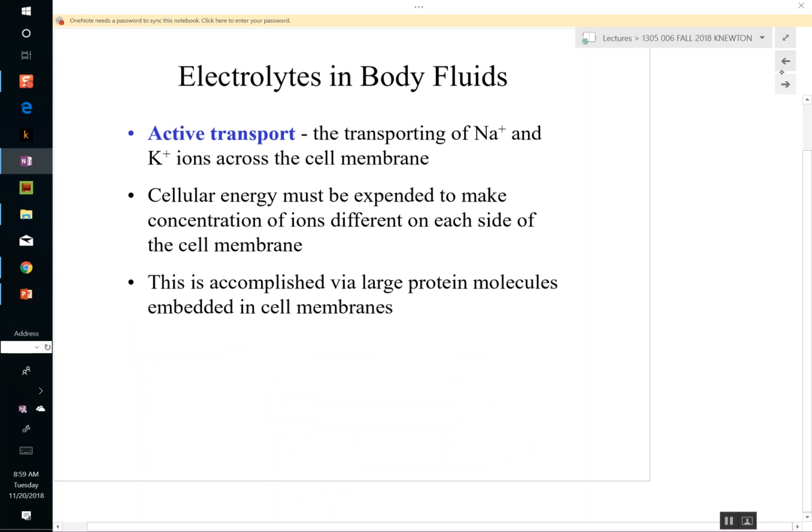And it is active transport. The body isn't just relying on diffusion, because with diffusion, these ions would just come to an equilibrium and be at the same concentration everywhere.